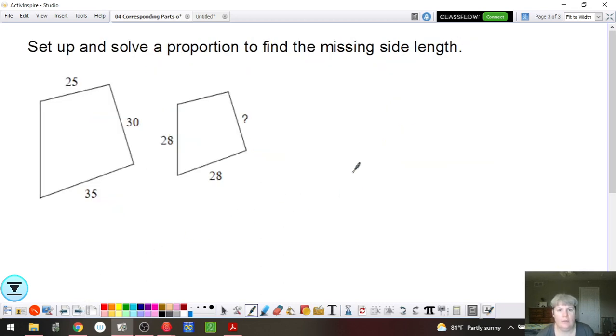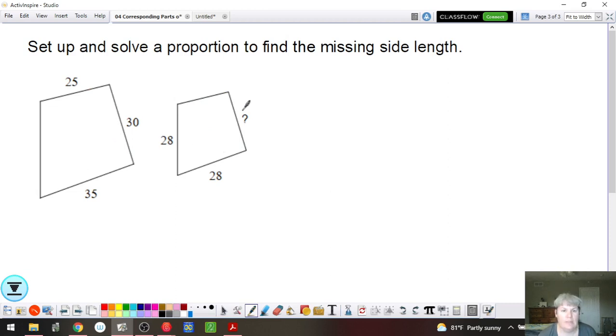Now, if we want to find the missing side of similar quadrilaterals, we can do the same thing as when we have similar triangles. We need to identify corresponding sides, and here are shapes. If we look at them, I have a larger one and a smaller one. And they look the same kind of shape, it's just the size is different.